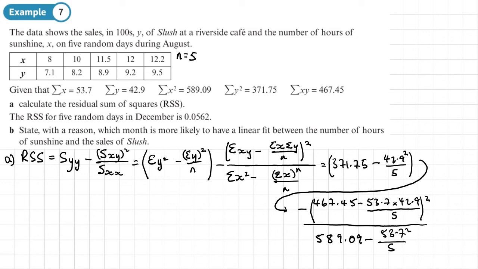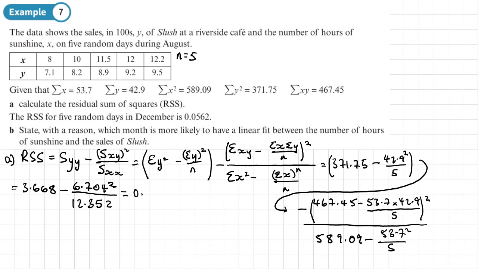So we can just type the whole lot in on my calculator and see what that gives us. Okay, what I actually decided to do was to split the calculation up because it was too much to type in. So this is SYY, this is SXY, then we square it, and this is SXX. So calculating that would be easier.